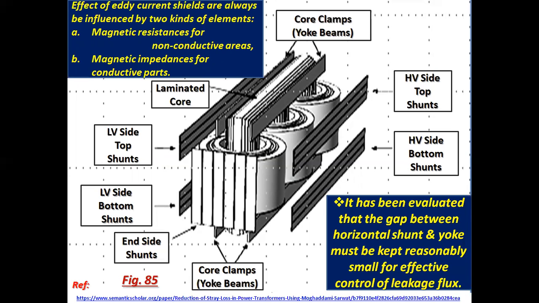It has been evaluated that the gap between the horizontal shunt and yoke must be kept reasonably small for effective control of leakage flux. Again, I repeat, the gap between the horizontal shunt and yoke must be kept reasonably small for effective control of leakage flux.